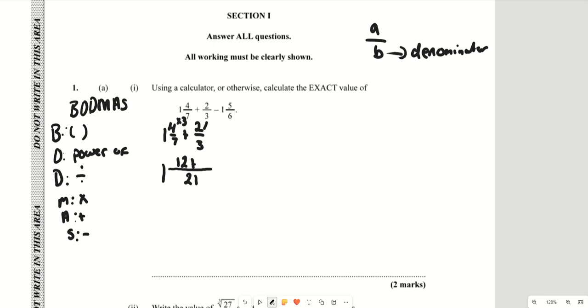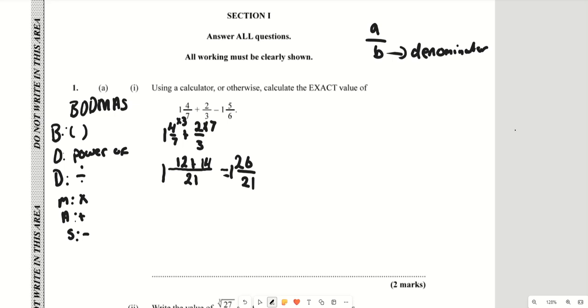So you multiply that numerator by 7. 7 2s are 14. Now we add the new numerators. 12 plus 14 is equal to 26 over 21. 1 and 26 over 21.